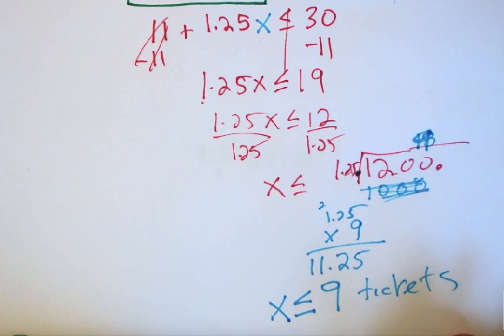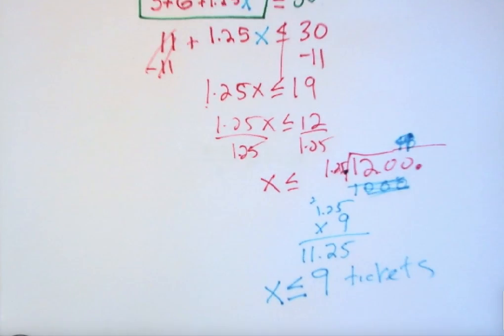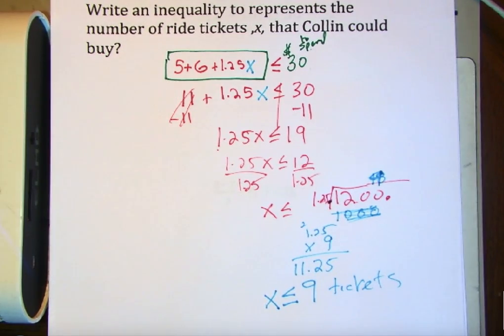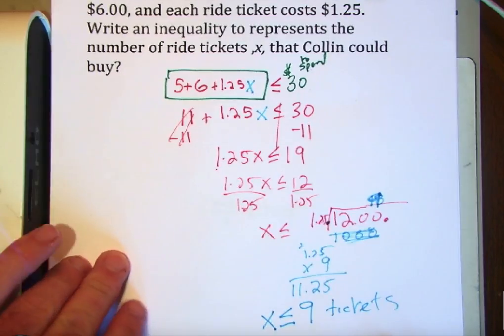If we go to 10, it's way too much. So there we go. Any questions on that one? I guess this is maybe why we don't actually solve it, because you get a weird number. But Colin can buy 9 ride tickets if he's going to the park.